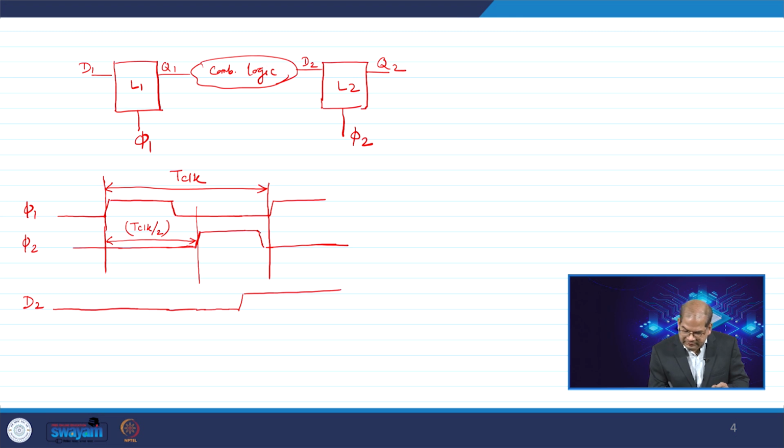This time is basically your setup time of latch 2, T setup of latch 2. Now, what are the things with us? This much of time is called my T borrow.